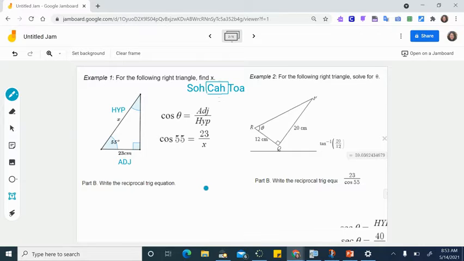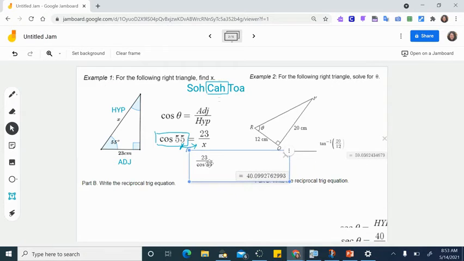Then to solve that, we're going to switch the places. When x is on the bottom, we can switch the place, not of x and 55, but of x and the cosine of 55. So we switch the place and we get x equals 23 over cosine of 55.